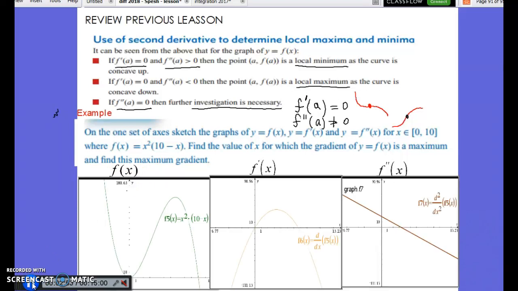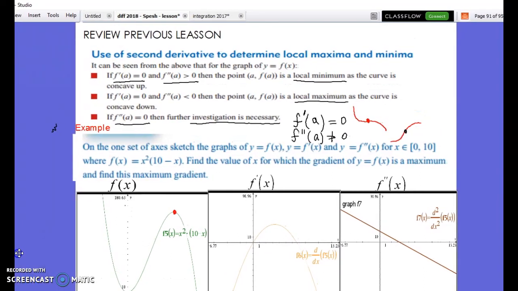All right. So considering you have three graphs now, what's the coincidence of your main features? Here on your f of x function, you've got your stationary points, there and down here.